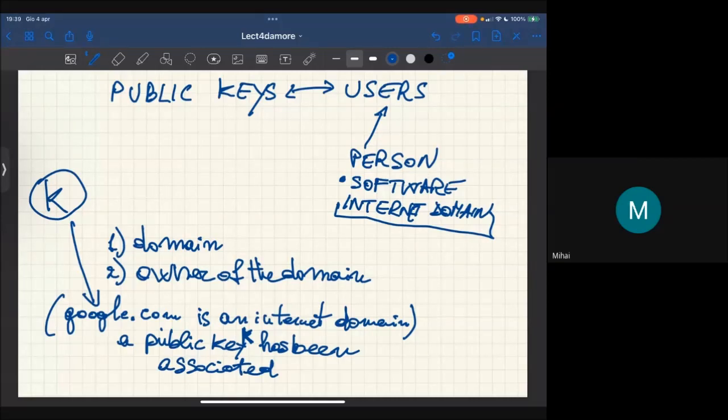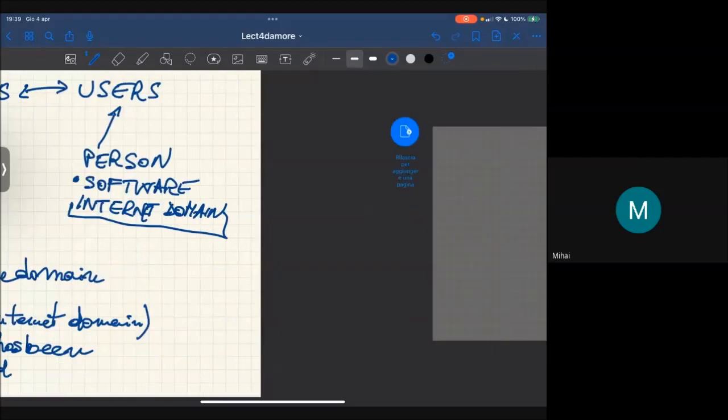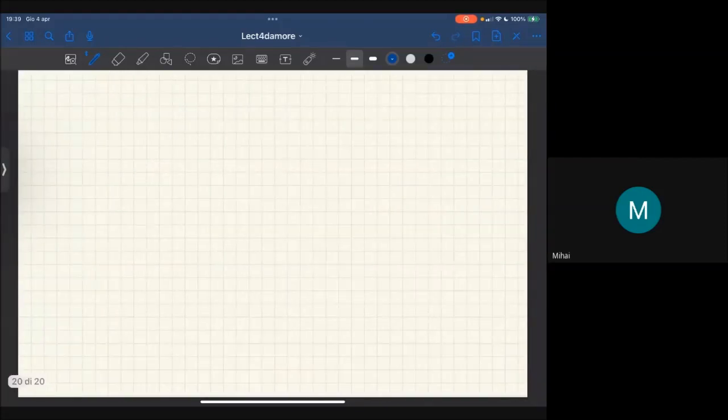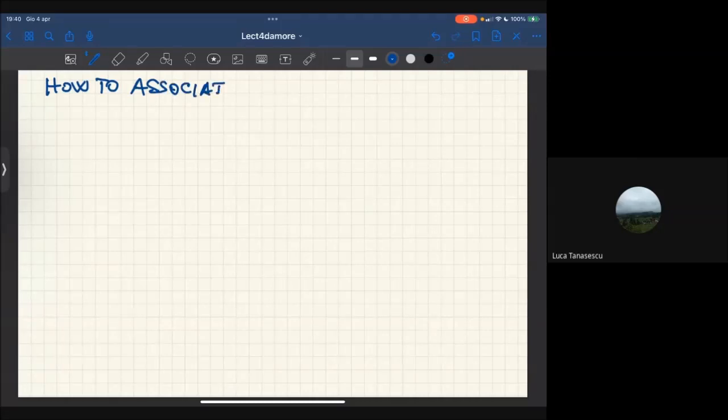Or directly you can associate the public key with a person. Okay? Now, how to associate? There is a mechanism called the mechanism of digital certificates.